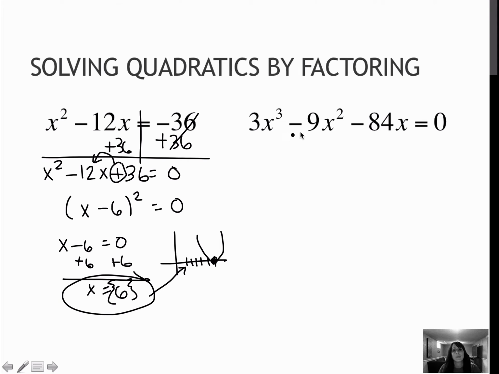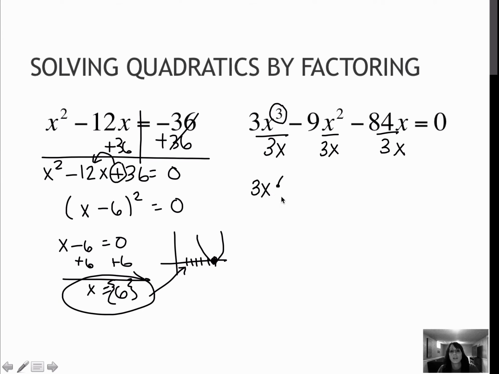For my last example here, notice I have x to the third. So yes, this is not technically a quadratic, but we can solve it like we do the quadratic. So I'm going to start by taking out a 3x because it's very clear that each of these have a 3x as a factor.